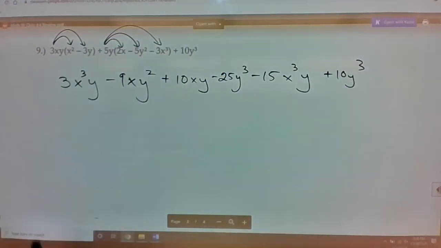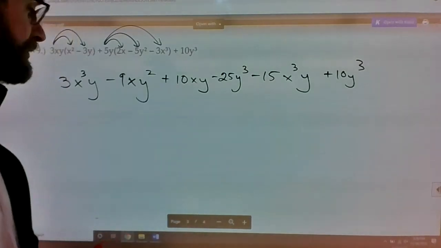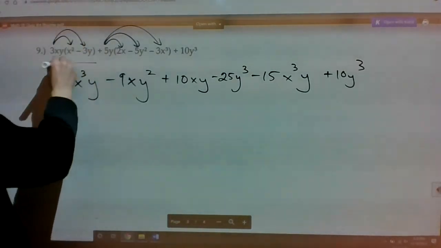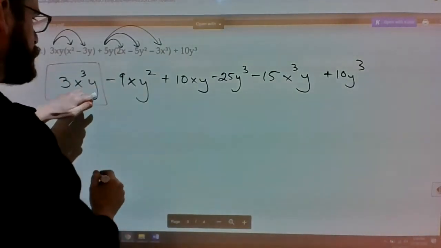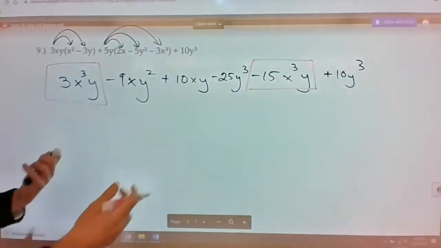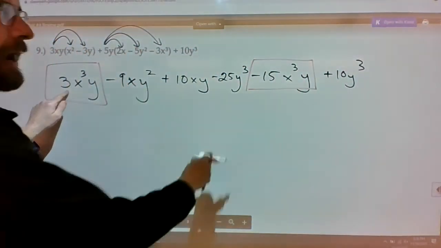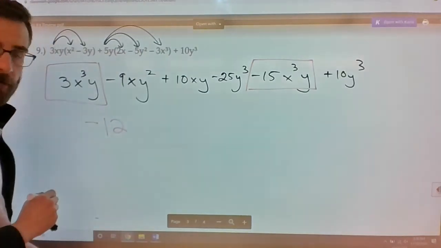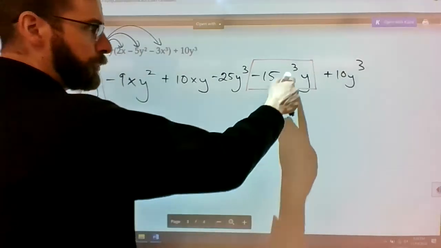All right, so the question is, can we combine any like terms? The answer, yes, we can. X cubed y matches with x cubed y. 3 minus 15 is -12 x cubed y.